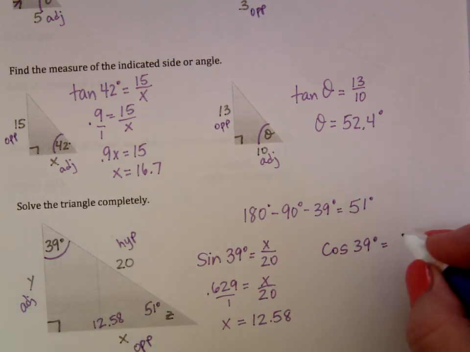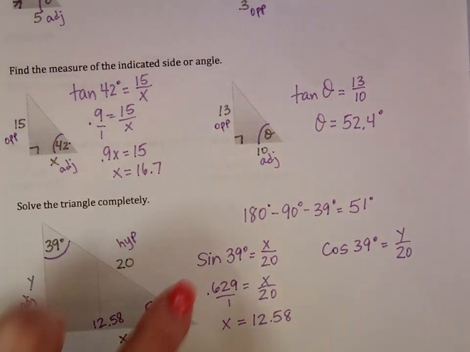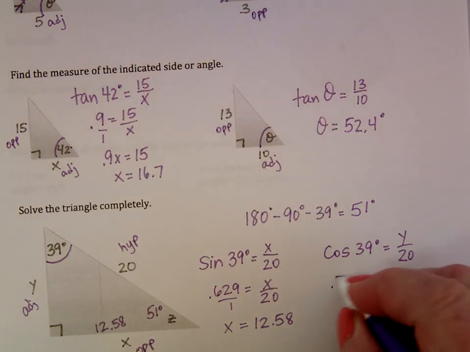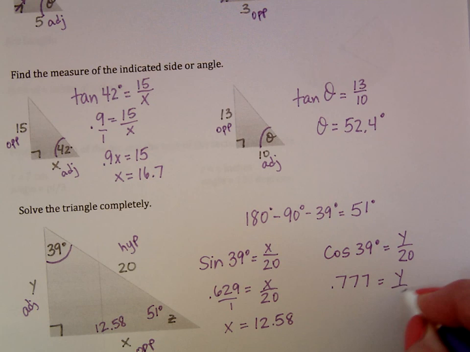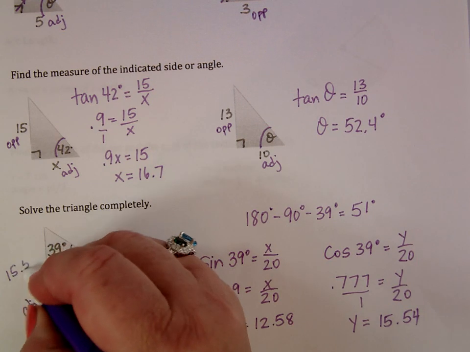So that would be y over 20. And so you can see the problem is going to be a lot like the one we just did over here with the sine. But you need a different value for what the cosine of 39 degrees would be. Wow, 0.777 is what you get. So 0.777 equals y over 20. Put that over 1, and I can see I'm going to multiply these things. So I want 20 times that. And I get an answer of 15.5. Technically 15.54 if I were looking at it. And that's my y value, so this is 15.54.